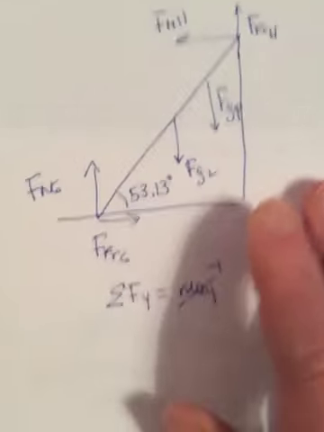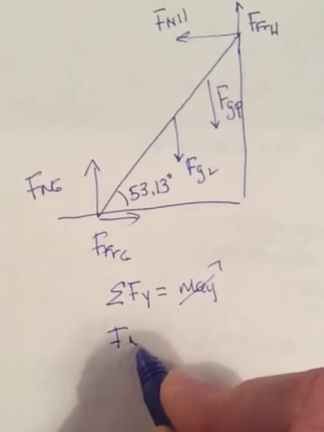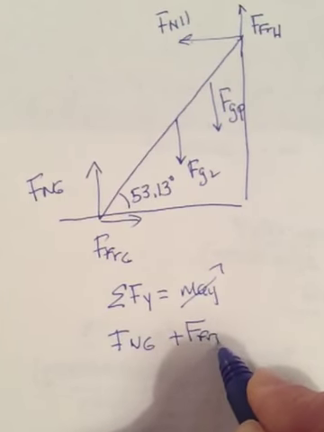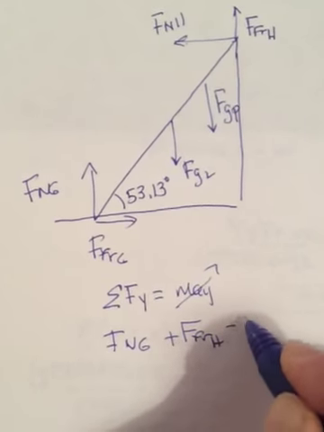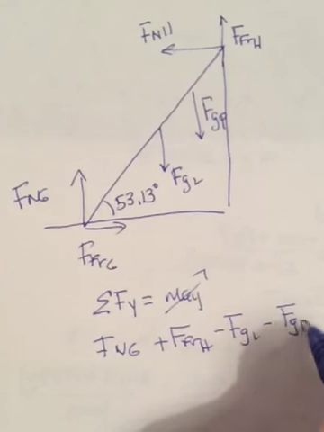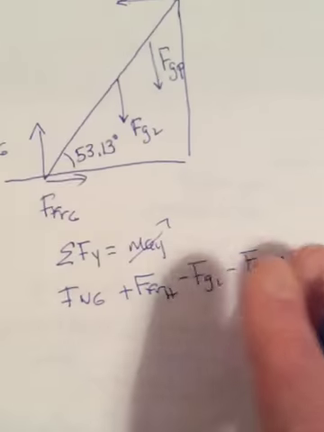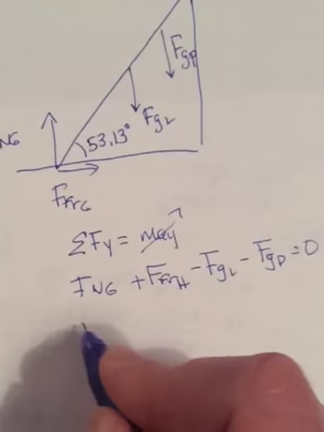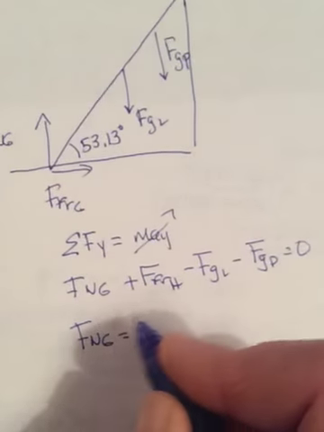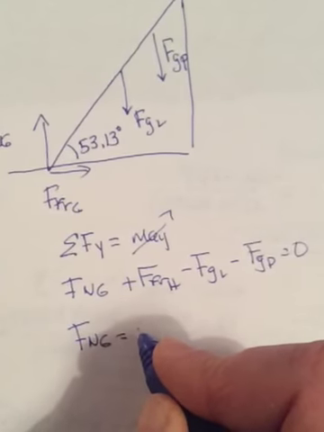equal to 0, you're going to have F normal of the ground going up plus friction of the house minus Fg of the ladder minus Fg of the person equals 0. Okay, in the y direction, and usually we still solve for friction of the normal of the ground. So take the others over.